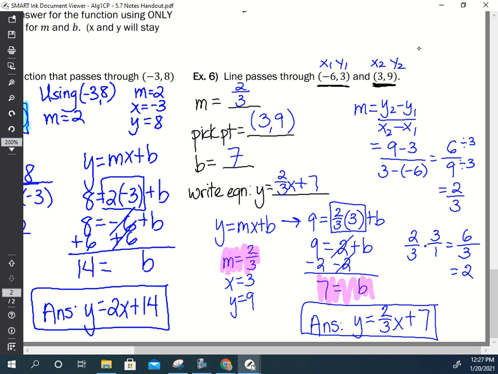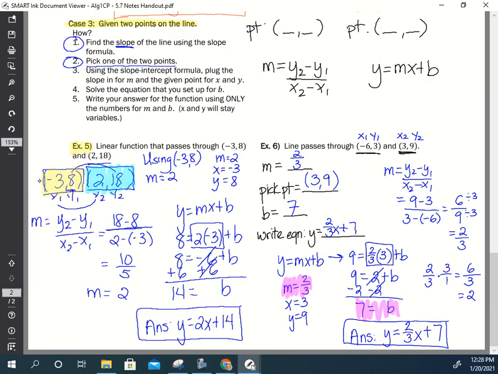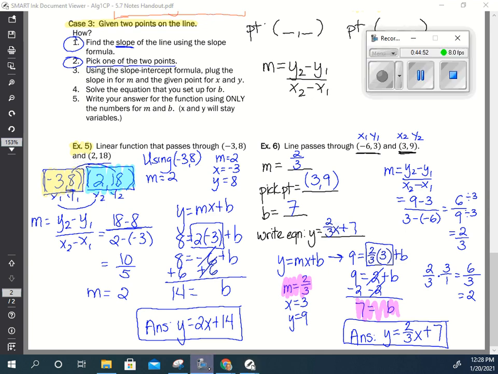If you need help seeing where it's wrong, let me know and I'll try to help you out. That's why hopefully, Janiyah, you took a picture of that so I can tell you exactly where you went wrong. So, any questions, examples 5 or 6 before we finish up the class? Not seeing any in the chat, not hearing any.